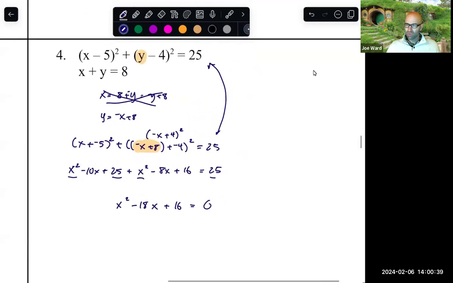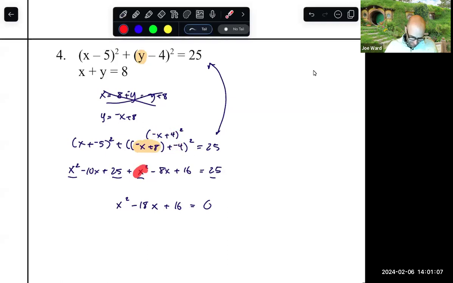So at that point, we go, did I do anything wrong? You check your algebra. So (x - 5)² plus (y - 4)², and the y we replaced with -x plus 8. When you plug that in, negative x plus 8, if we then subtract 4, you get negative x plus 4.